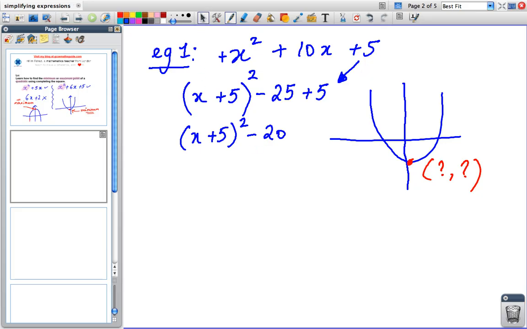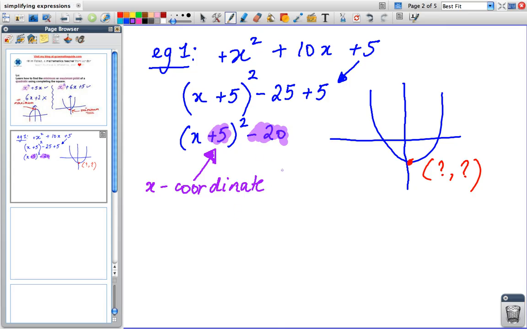Once you get to that stage, you're almost done. All you need to do now is look at the two numbers that you have here. This number gives you the x coordinate, but there's a slight twist to it.